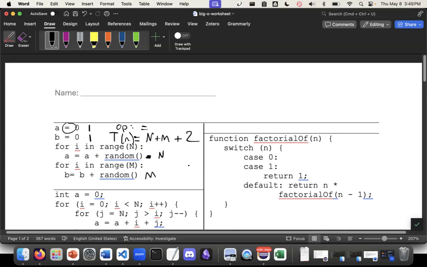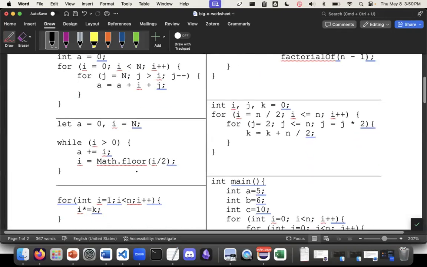And then to get the big O notation, you round up, ignore the constants, so you get O of n plus m. So that's how we get that. We have some longer equation, and then from that, we ignore things, round up, and get our final big O of n plus m.